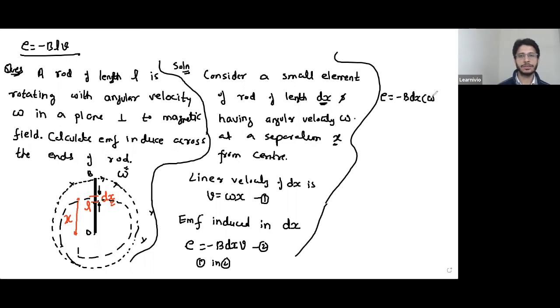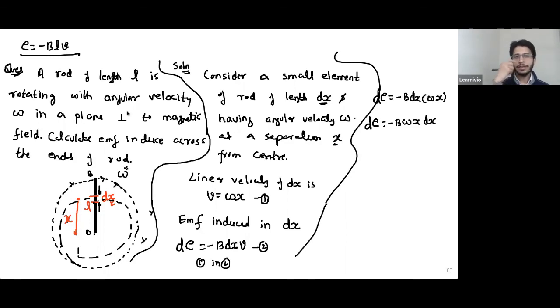V is omega x. So the induced EMF comes out to be minus B omega x dx. And instead of writing E, I'm writing dE because this EMF is in a small portion.